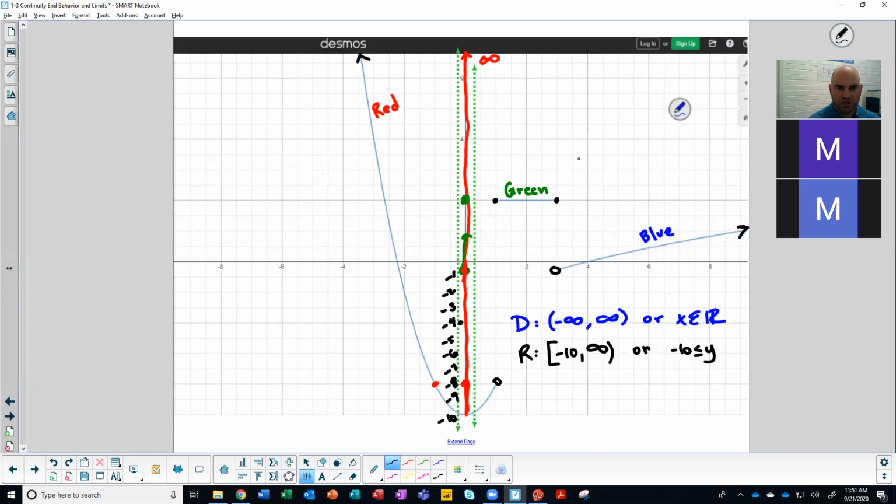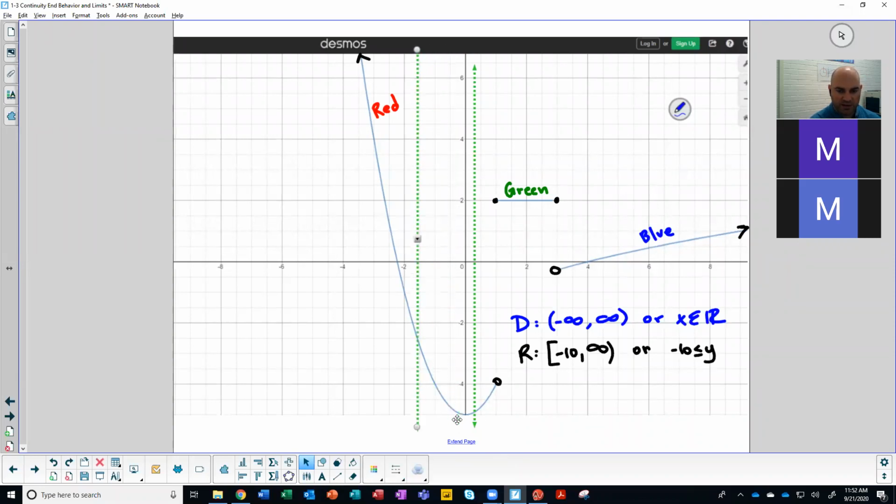Now, I'm going to show you something that, unless I point it out, will later in the year confuse you. So I want to point it out just so you can see there can be a difference here. When I look at the actual graph itself, so I'm erasing all my junk, I want you to notice something.